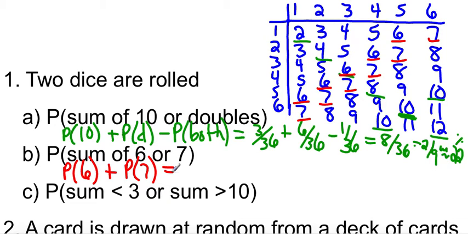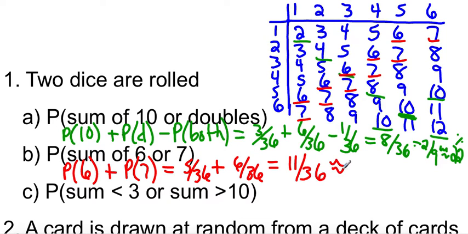So let's see, 6, there was 1, 2, 3, 4, 5 out of 36. And for 7's, there were 1, 2, 3, 4, 5, 6 out of 36. So when we add those, our probability is 11 out of 36. Put that in the calculator. It's about 31%.